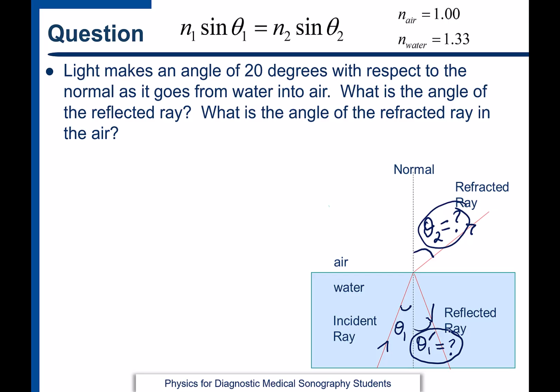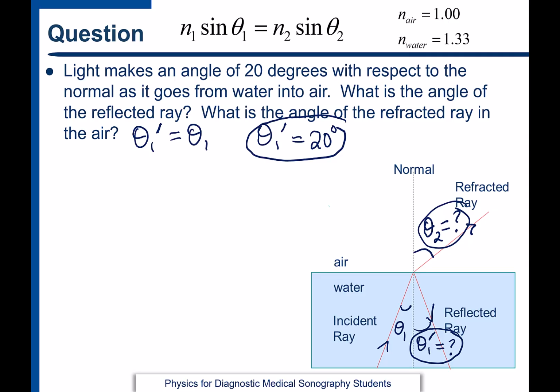Okay, how did you do? Well, first of all, the angle of reflection, that's easy. Theta 1 prime is just the same as theta 1, and so theta 1 prime is going to be 20 degrees. So again, that's always easy. But now, let's see if we can solve for theta 2, the angle of the light in the air.